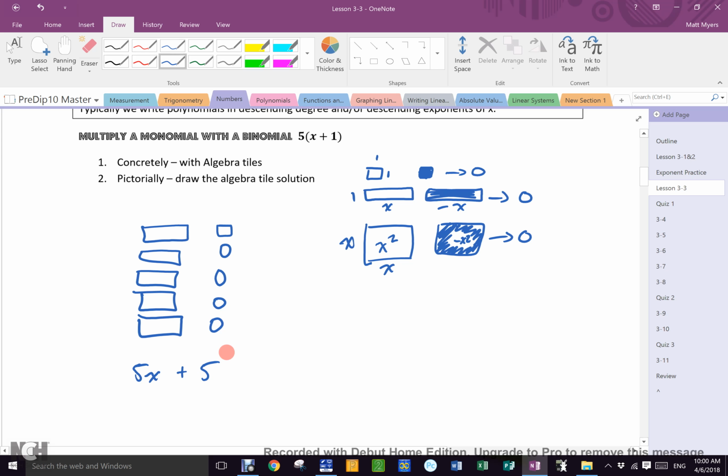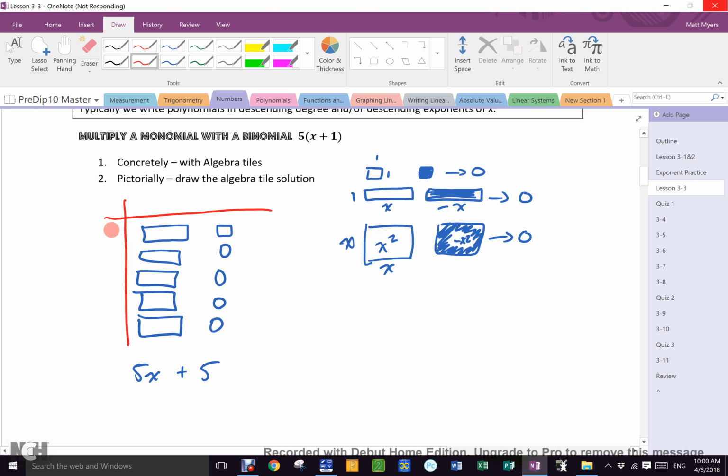Right? Now, the only thing I want to add to this, and it's going to come into play later on, is this. Out here, you have the factors. How long is this? 1. How long is this? 1. 1, 1, 1.